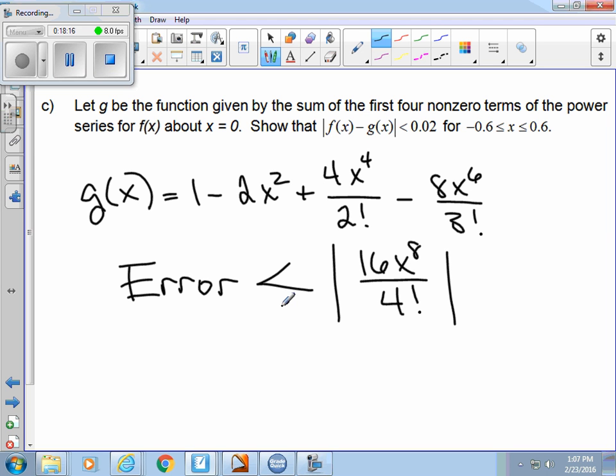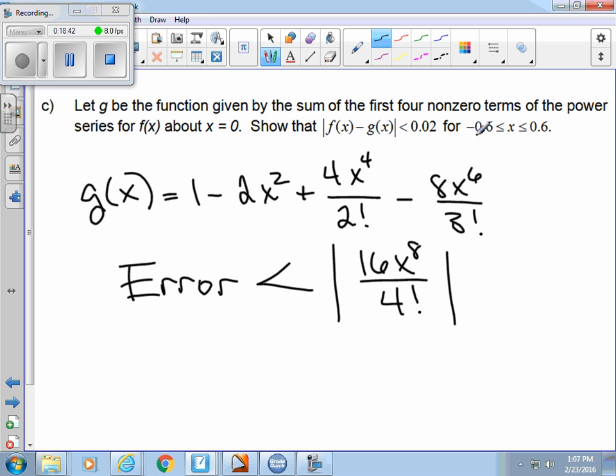That's where the term is evaluated at the x coordinate, the center of the interval of convergence and the x coordinate being evaluated. I don't know what x coordinate I'm evaluating, but it did give me that x is between negative 0.6 and 0.6, right?